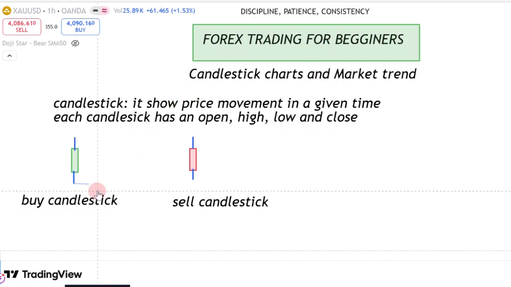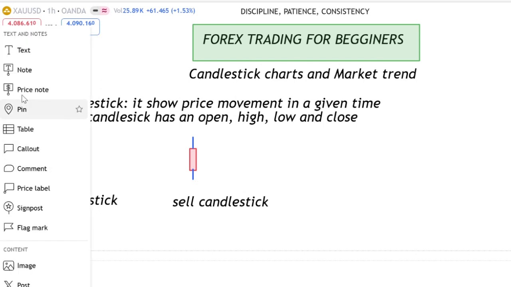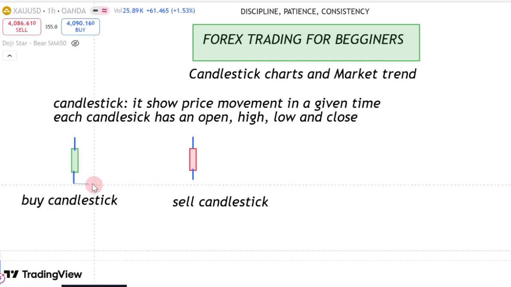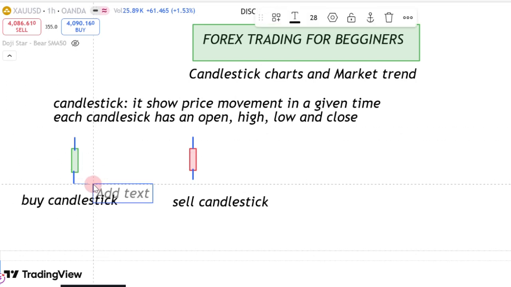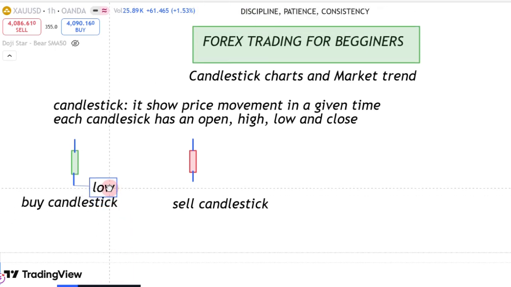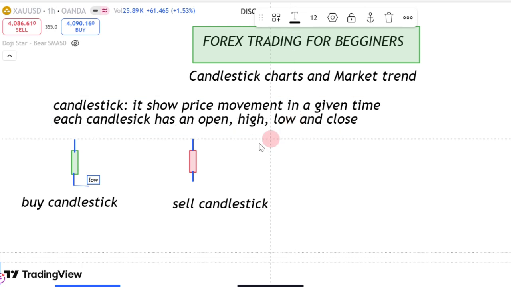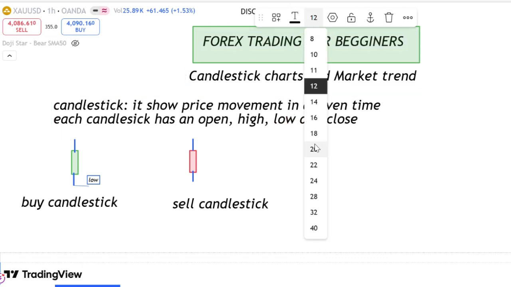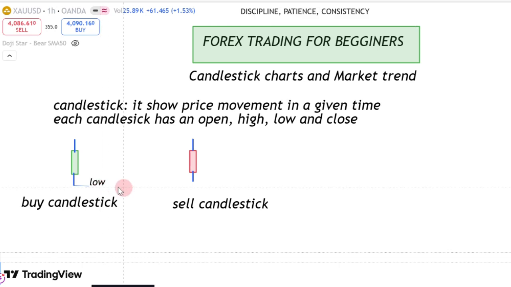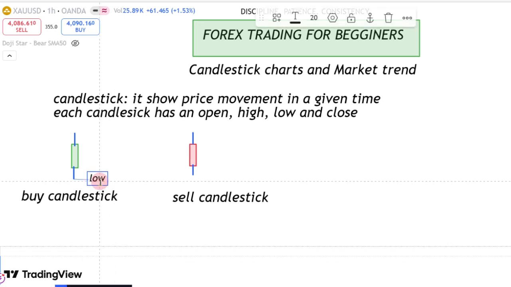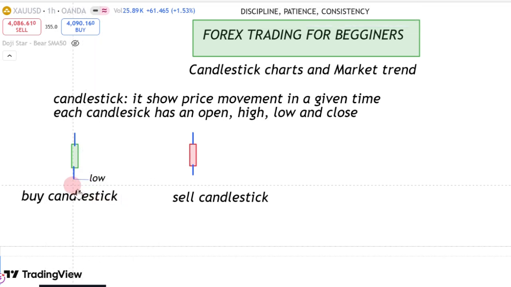Okay, so this is the low of a buy candlestick.